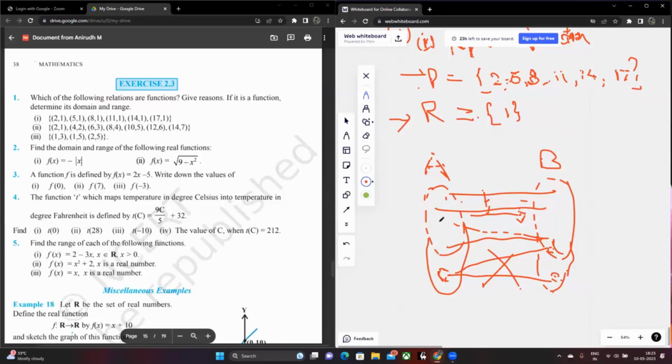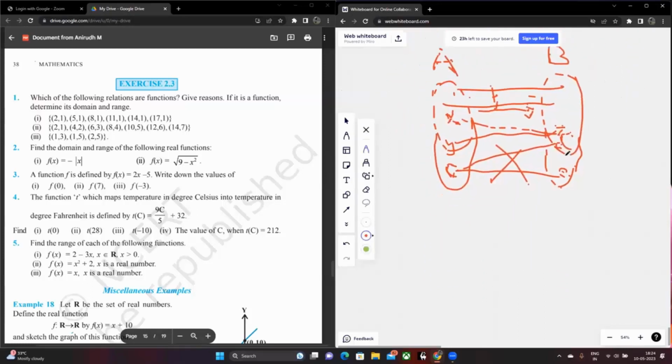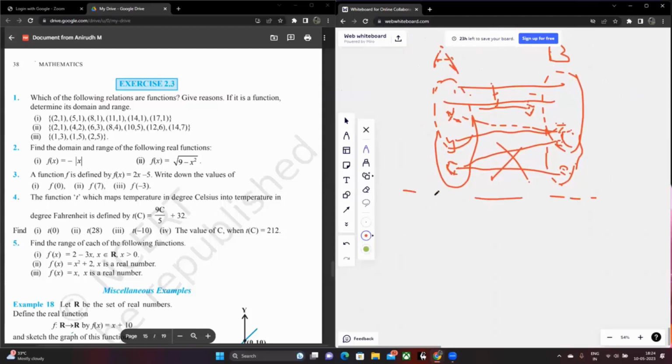Otherwise, say these are X, Y and Z. This kind of relation is possible: XZ, YZ can exist in a function, but CA and CB cannot exist in a function. This is basically a mnemonic to determine what is a function and what is not. I'm not going to erase this. If you want to see it, you can. This is basically an extra thing.